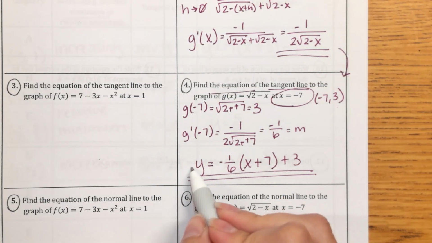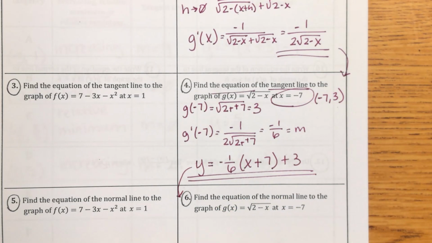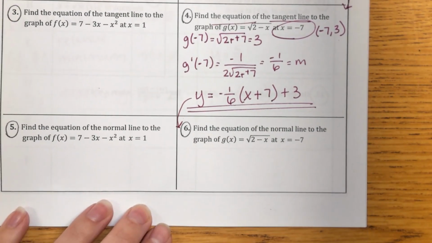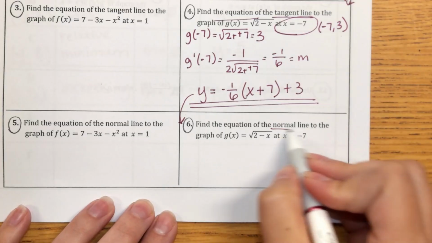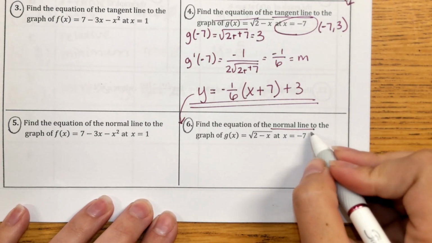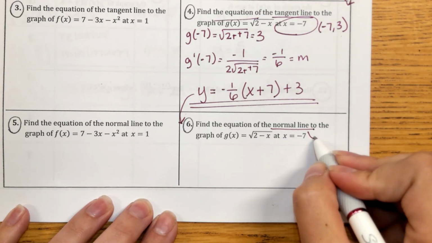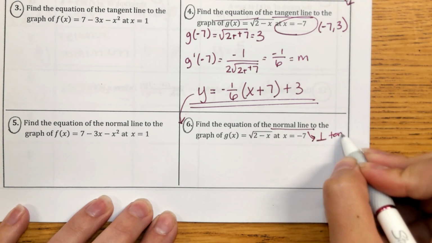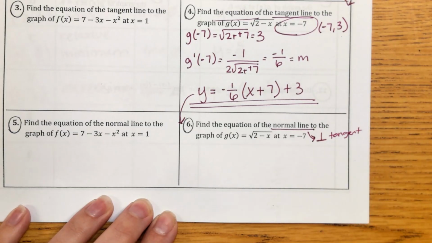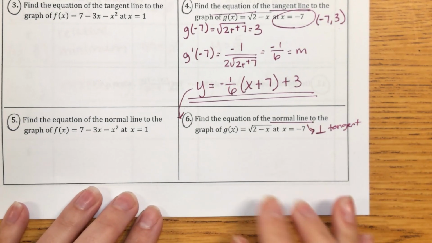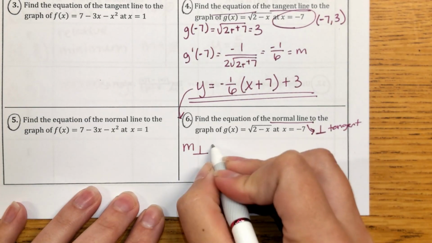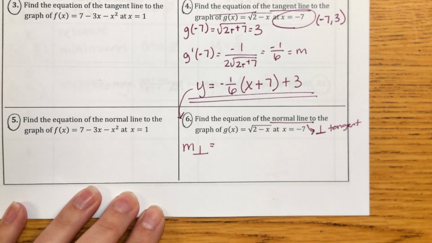So again, we're going to take this equation and use it on number 6, because on number 6, it's asking us to find the equation of the normal line. If you remember from last lesson, the normal line is perpendicular to the tangent line. So we're going to take the opposite reciprocal of our slope of our tangent line.